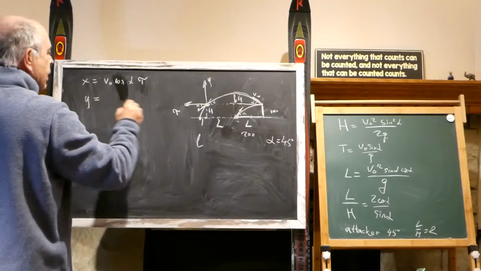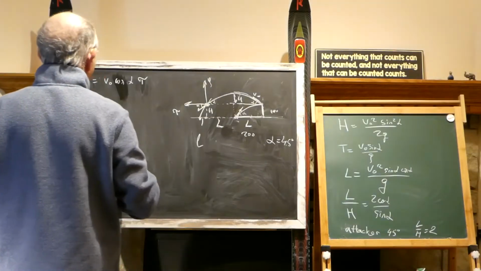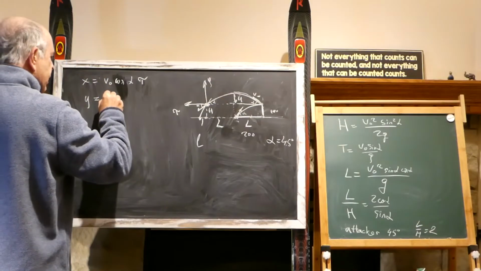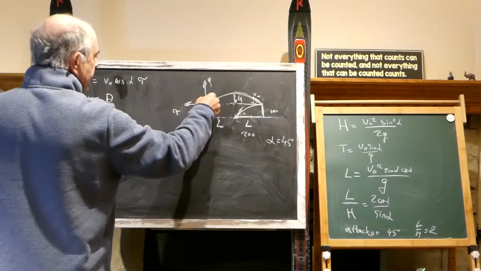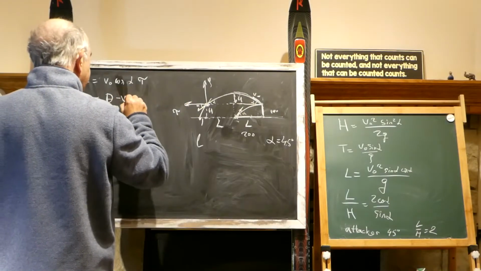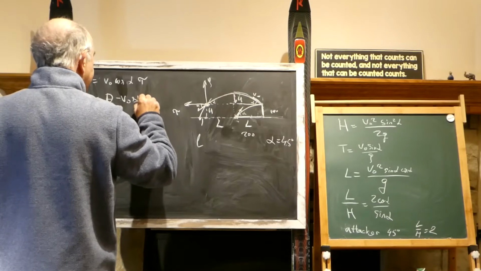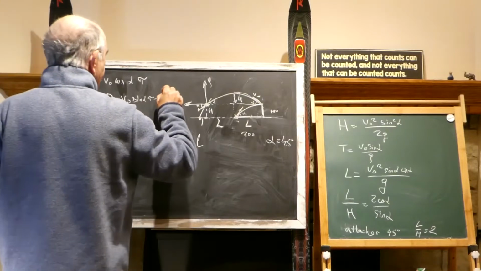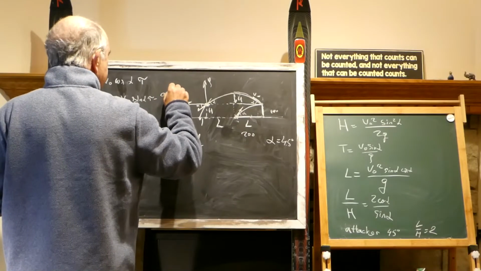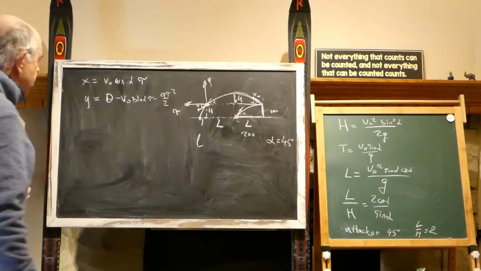And vertically, I will start with 0, and my speed would be directed down, v0 sine alpha tau, and then it would be another minus g tau squared over 2.